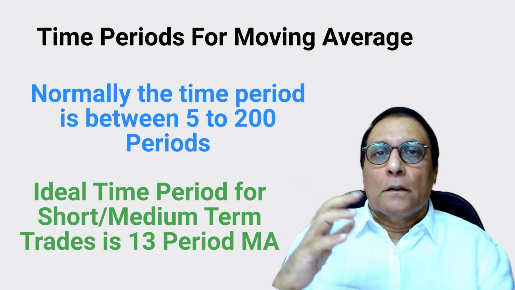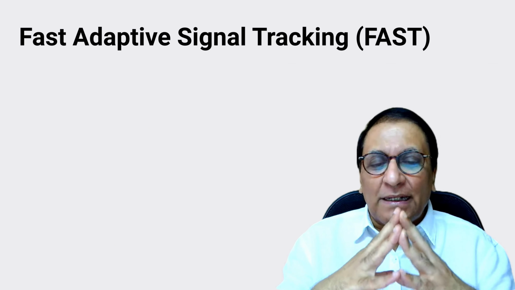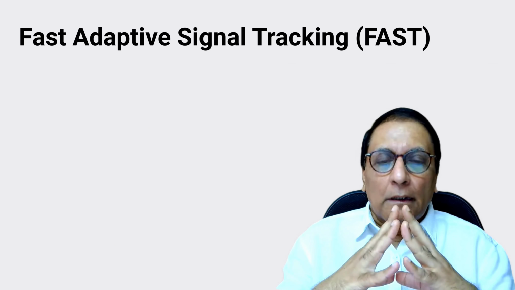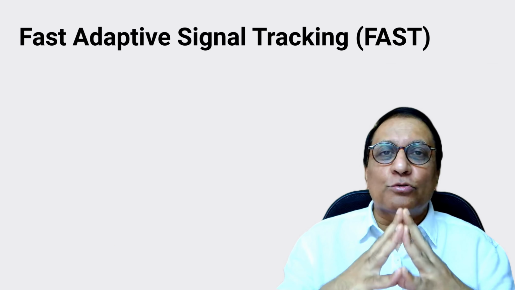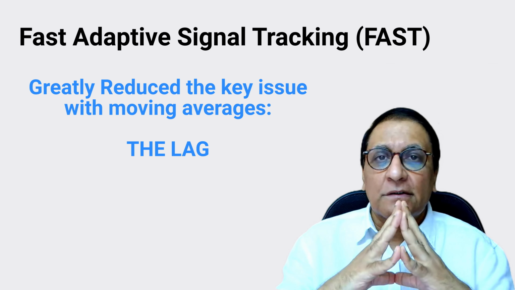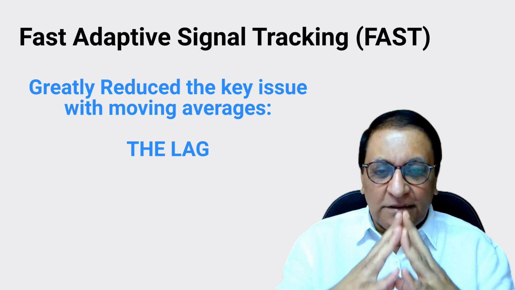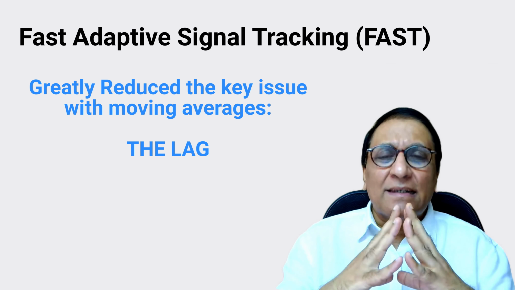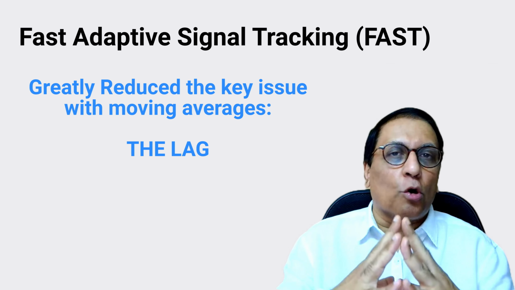The moving average which I want to familiarize you with today has greatly reduced the lag of the conventional moving averages, simple and exponential. These are the two moving averages which 99% of traders use all over the world.